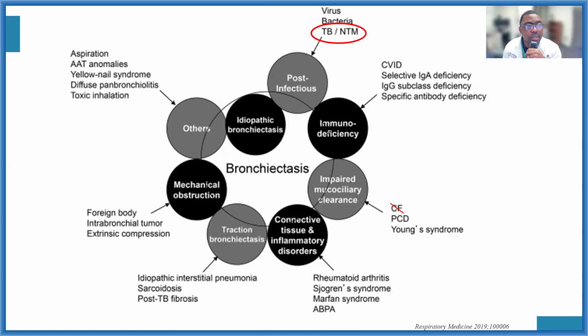My talk focuses on infection, the NTM, the non-tuberculosis mycobacteria, as a cause of bronchiectasis. In parts of the developing world, tuberculosis represents the largest cause of this kind of bronchiectasis, the non-cystic fibrosis bronchiectasis.